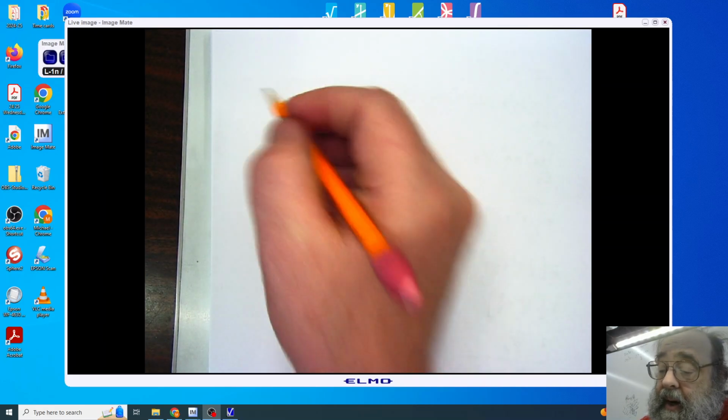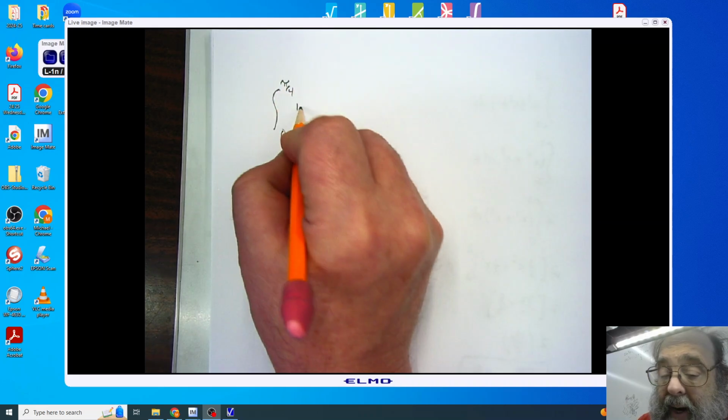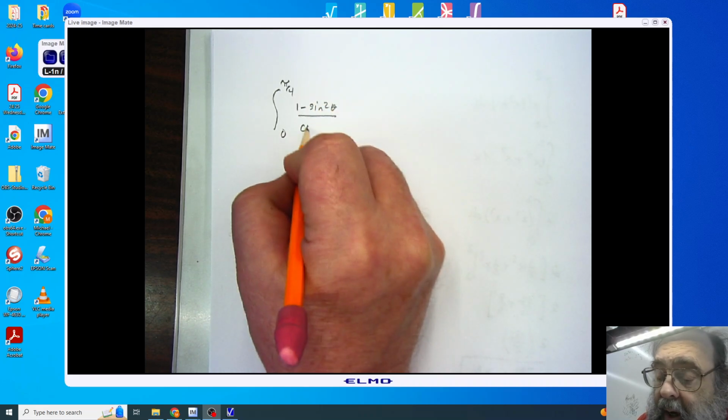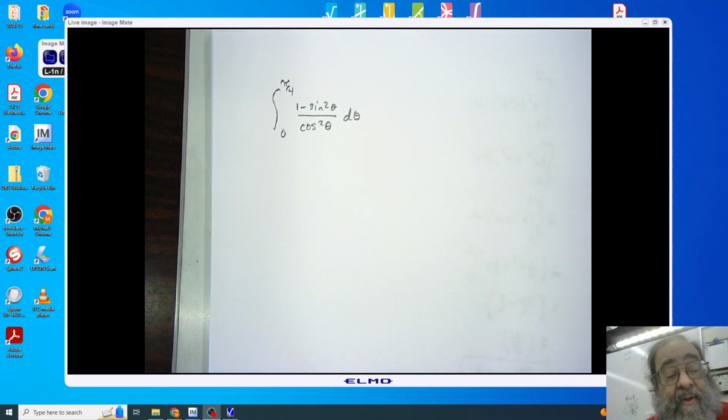Number 10. So in number 10, we're looking at the integral from 0 to pi over 4 of 1 minus sine squared theta over cosine squared theta d theta. And we do have several options that we could use if we want.